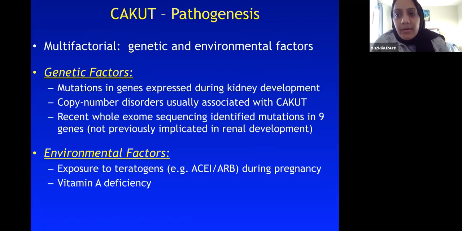And regarding the pathogenesis, it's basically multifactorial. There are a lot of genetic and environmental factors. There are many mutations that are identified in different genes that can be associated with abnormal kidney development. A lot of copy number disorders, by which I mean trisomies, deletions, duplications, are all associated again with kidney diseases.